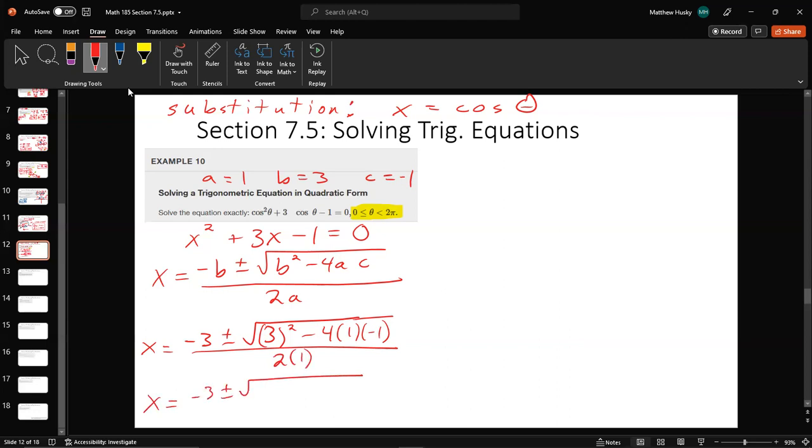And what is that? That's going to be 9, plus 4. And then that's going to give you negative 3 plus or minus the square root of 13 all over 2.